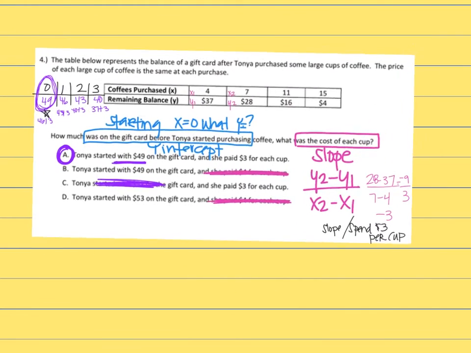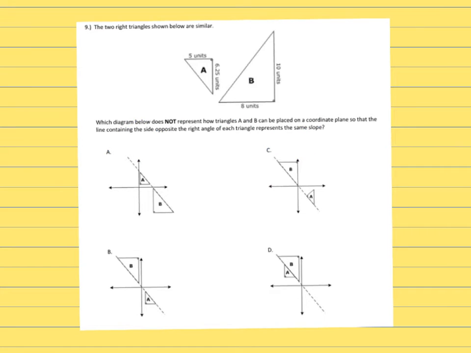Okay, next question says two right triangles shown below are similar. Which diagram shown below does not represent how the triangles A and B could be placed so that the line opposite the right angle represents the same slope.